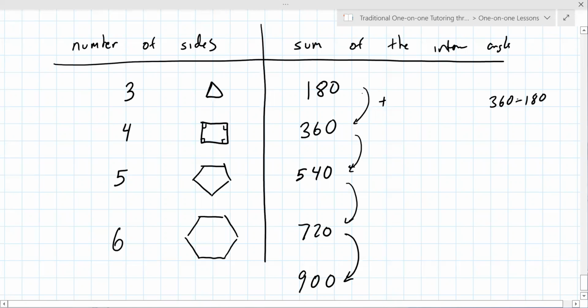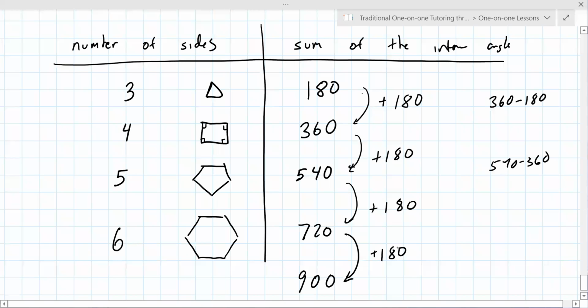You're welcome to grab a calculator if you're not sure. 180. Good. What is 540 minus 360? 180. Are all of them 180? Yes, and that is the pattern.